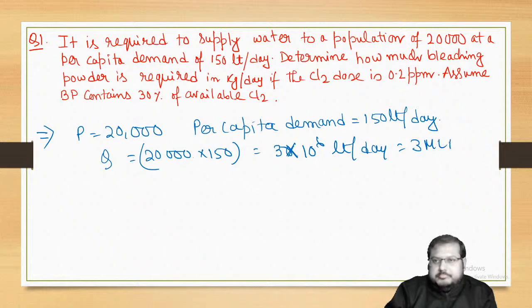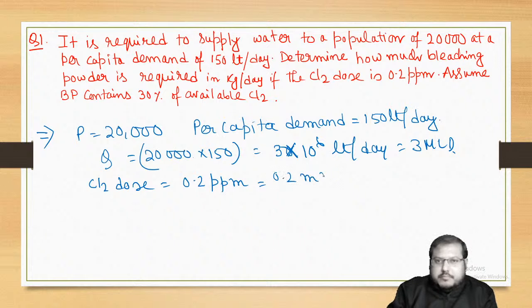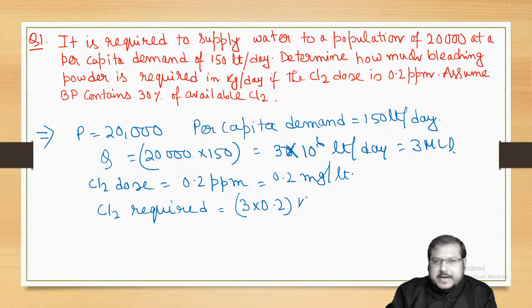It's 3 MLD. Dose is 0.2 ppm. ppm means milligram per liter, 0.2 milligram per liter. So chlorine required is 3 into 0.2, MLD into milligram per liter, directly kg per day. 0.6 kg per day.